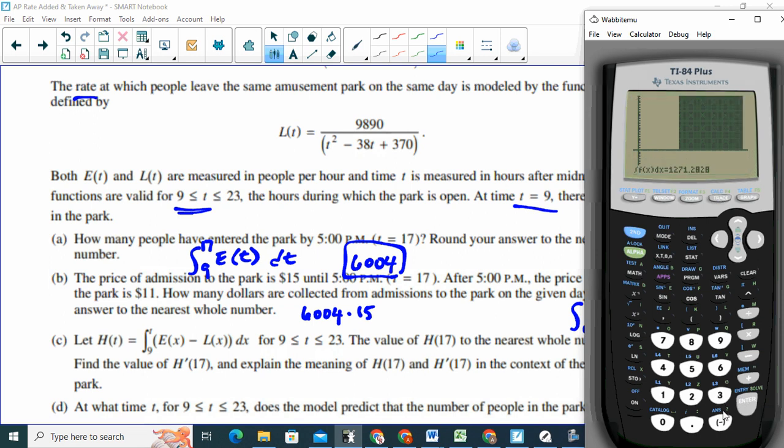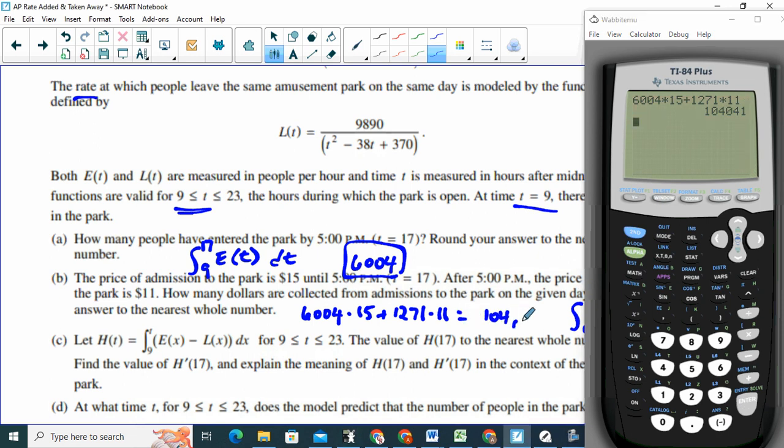And we find that 1,271 people pay that $11 to get into the park. And now it's just a little multiplication and addition. And we find that they bring in $104,041 in a given day.